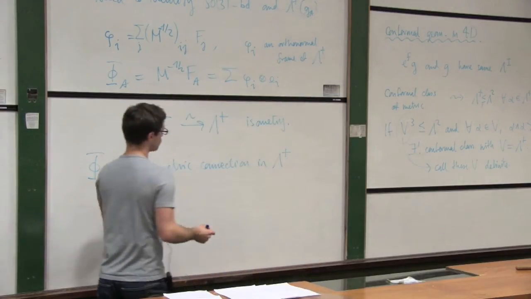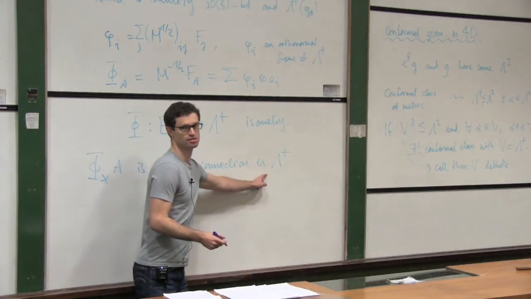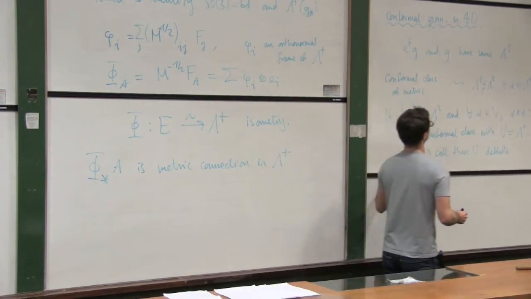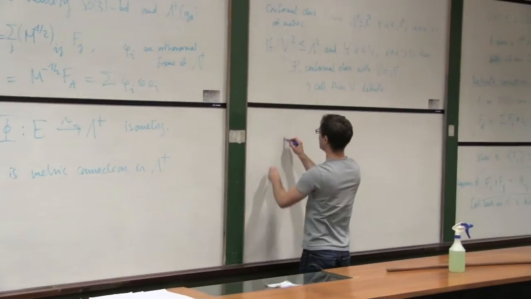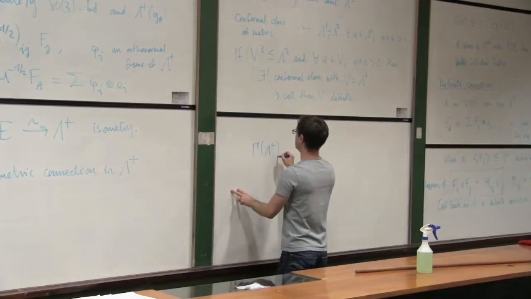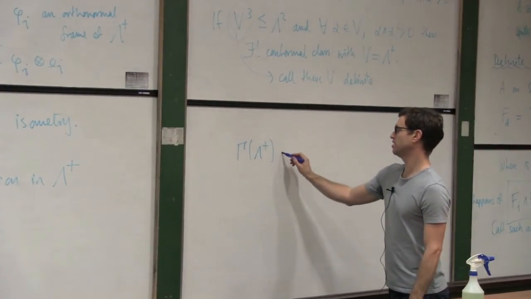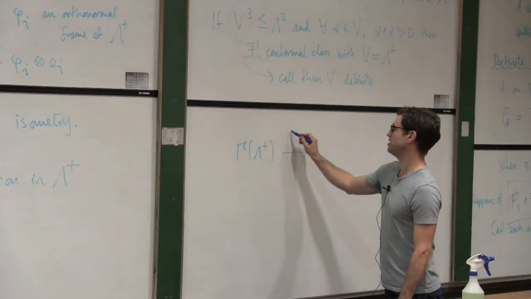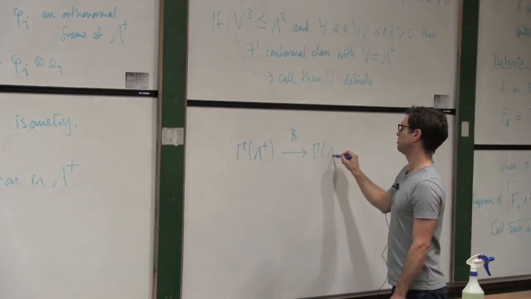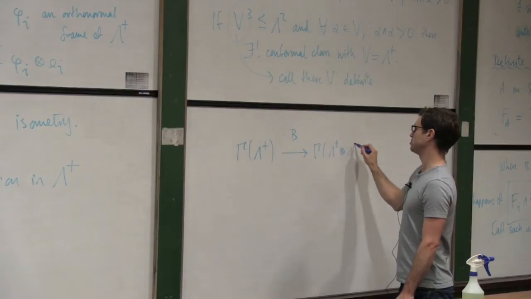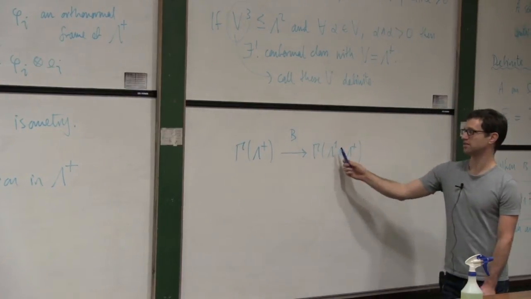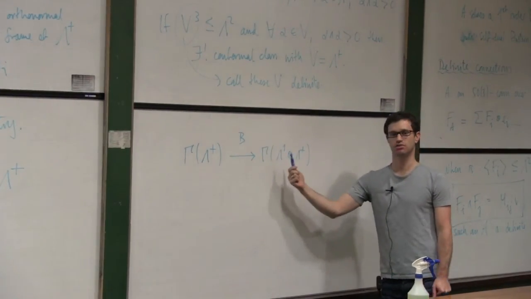So perhaps I should remind you what the torsion of a connection in lambda plus is. All right, so I can take a section of lambda plus, and now I'm just going to talk about any connection. Let's call the connection B. Okay? So if I differentiate it with B, I get a section of lambda 1 tensor lambda plus, okay, where this is the additional factor that sees the derivative.